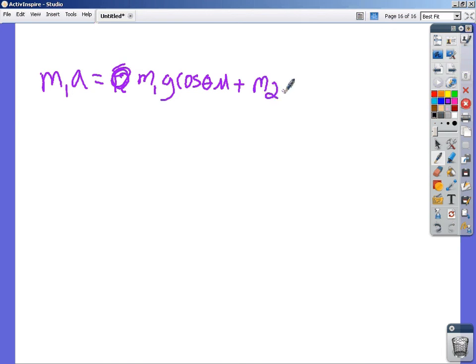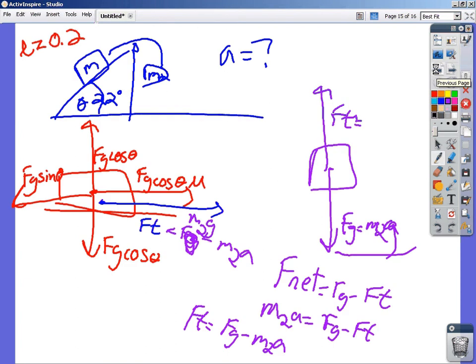So we say that the acceleration of block 1, well, both blocks, is equal to G cosine theta mu plus M2G minus M2A over M1, minus G sine theta mu.